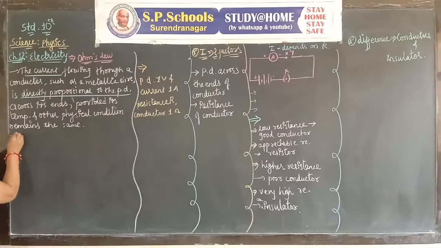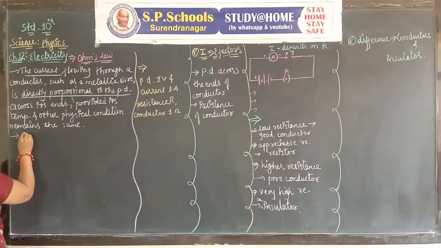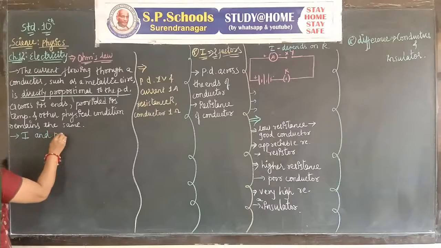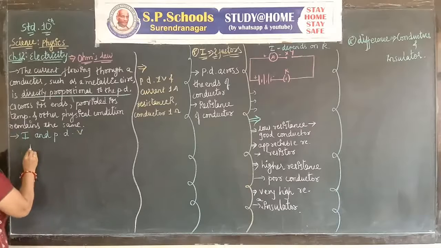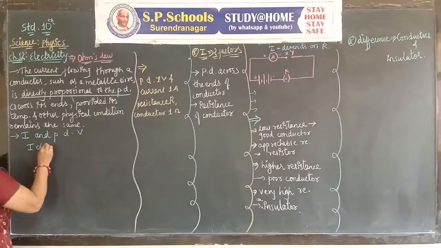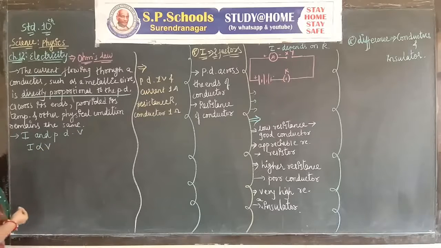If the current is capital I and the potential difference is capital V, I is directly proportional to V. We also write it in this way, V is directly proportional to I. Potential difference is directly proportional to electric current.